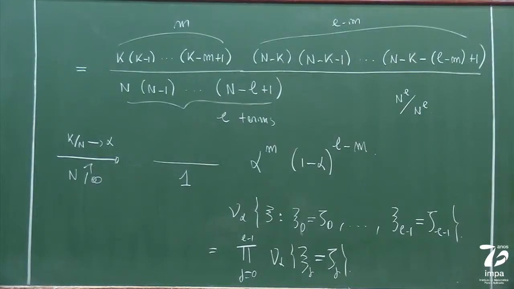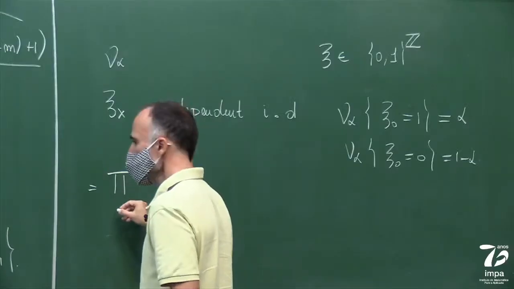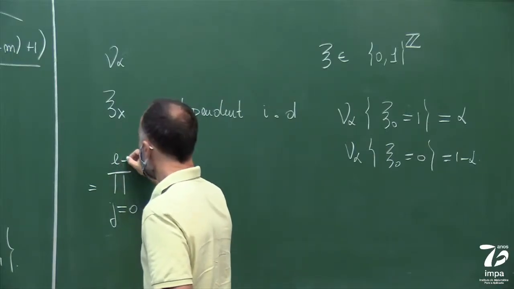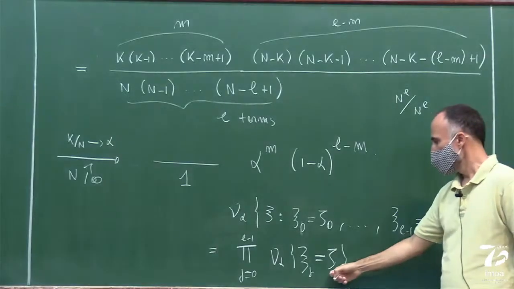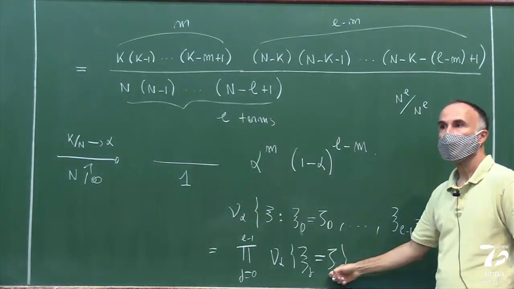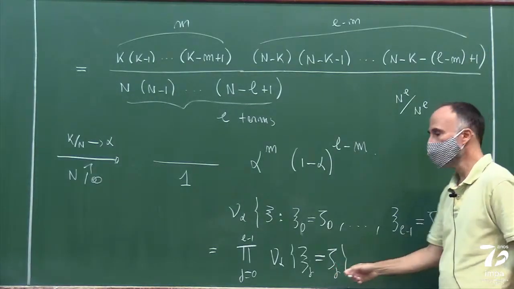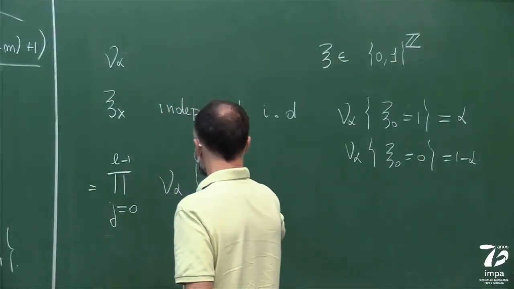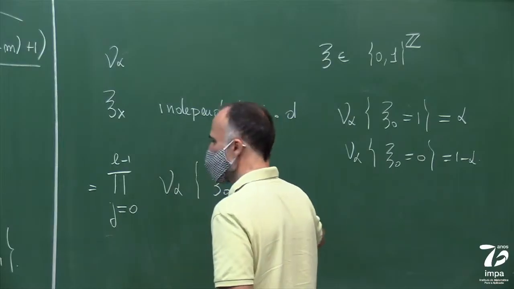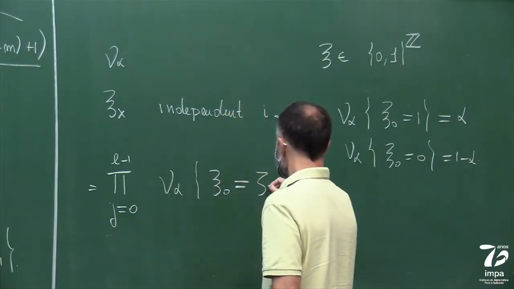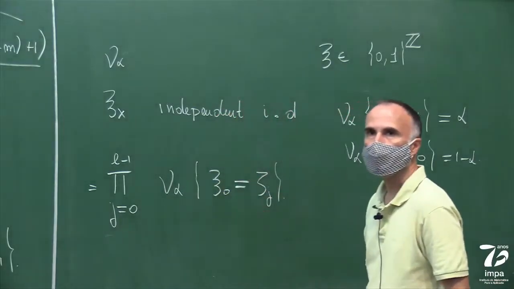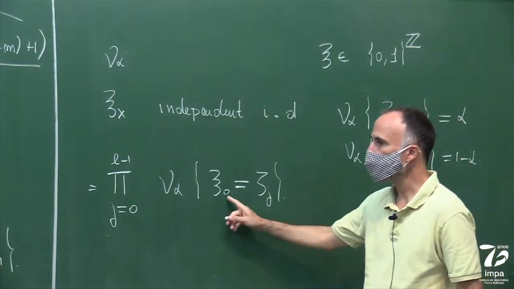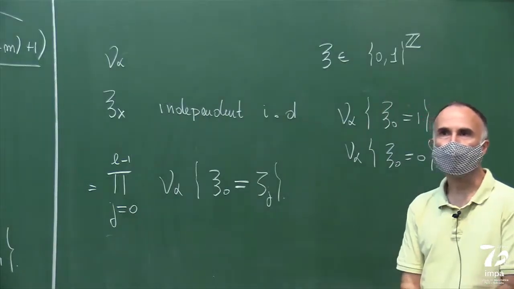Now, let me use the fact that these variables are all identically distributed. So this is equal to the product of nu alpha of xi 0 equal to zeta j. This is because they are all identically distributed, so they don't depend on these parameters.